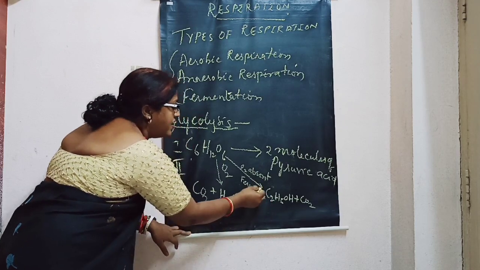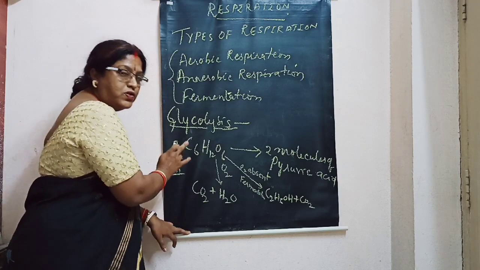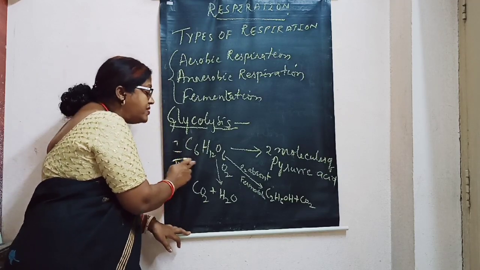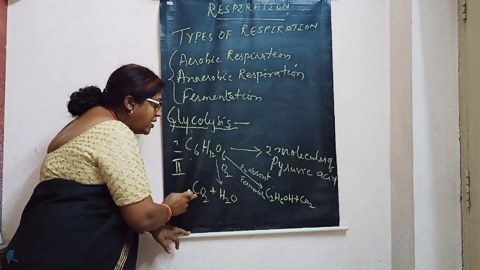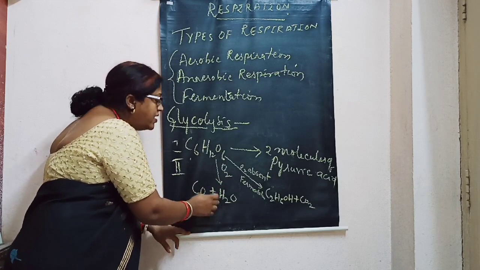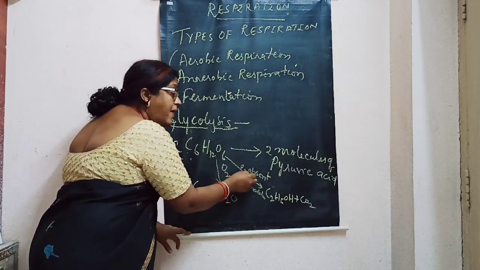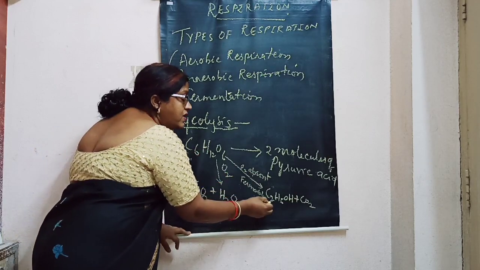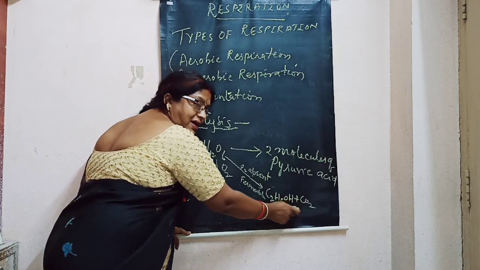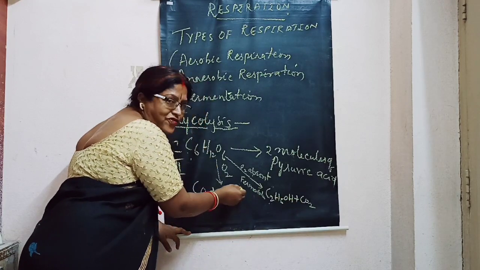This takes place in the yeast cells. So glucose in the presence of oxygen gives carbon dioxide and water; this is called aerobic respiration. Glucose in the absence of oxygen gives ethyl alcohol and carbon dioxide; this is called fermentation.